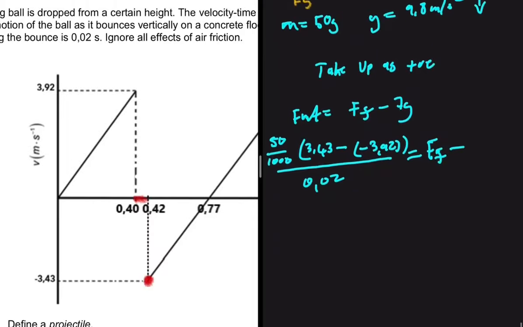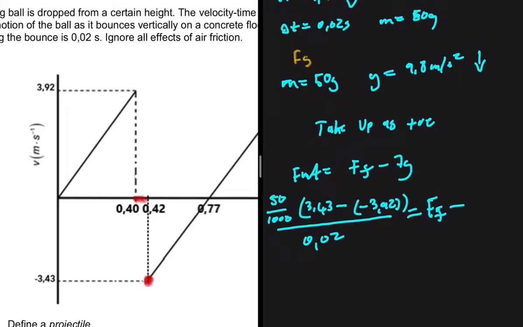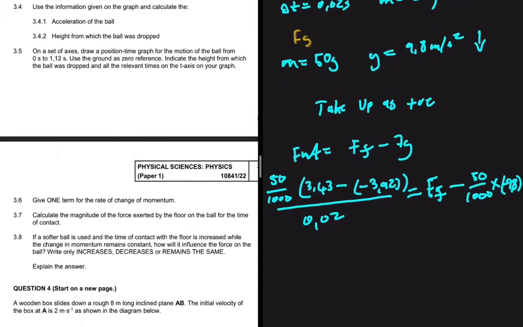So what is our mass? Our mass, again, we have 50 divided by 1000 multiplied by 9.8. So that is 9.8 downwards, so it will actually be minus 9.8. Well, we have already indicated that Fg is going downwards by this minus sign right here.